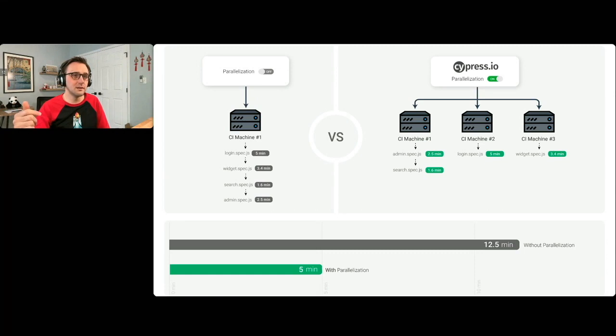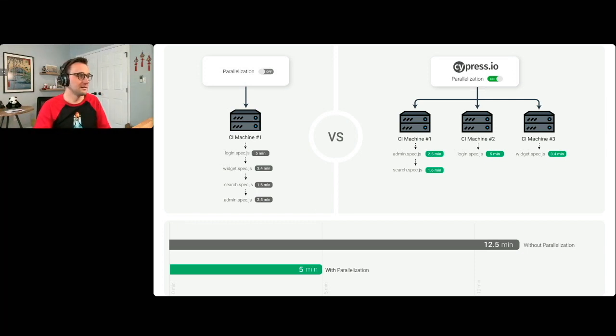Essentially, if you register an account with them and set up a Cypress dashboard on their website, you can also set up your own virtual machines, have it all pointed in, and basically make your own testing grid where Cypress will run your tests in parallel across the machinery that you give it, and then aggregate the results together and give that to you.